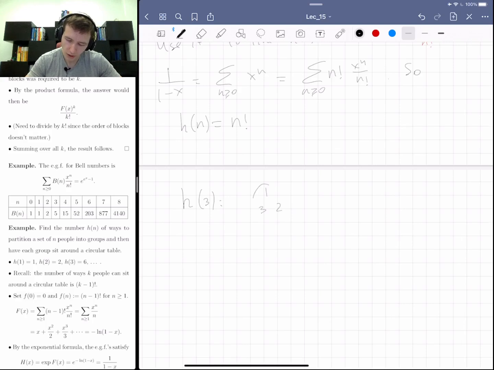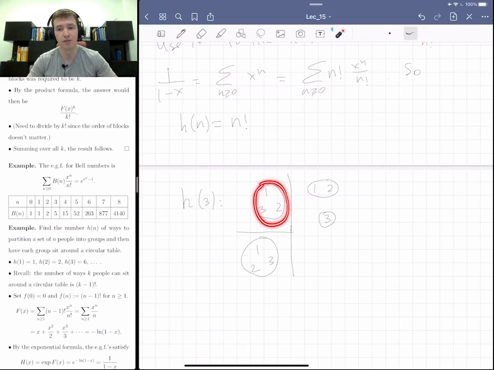That's one option. Or I can have 1, 2, 3, and that counts once, because there's another option, which is 1, 3, 2. So these two circular tables are different. Modulo cyclic shift, these are not the same permutations.